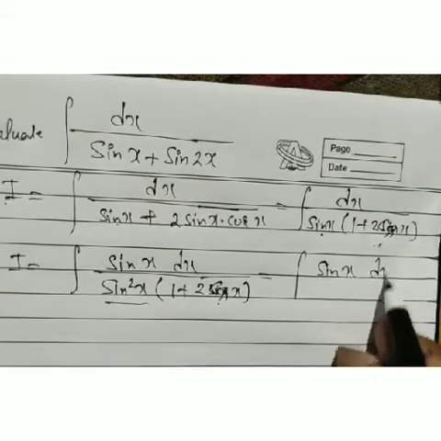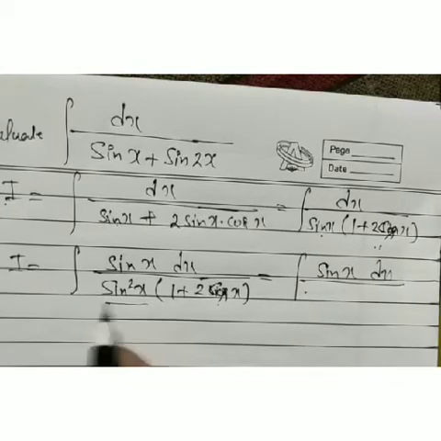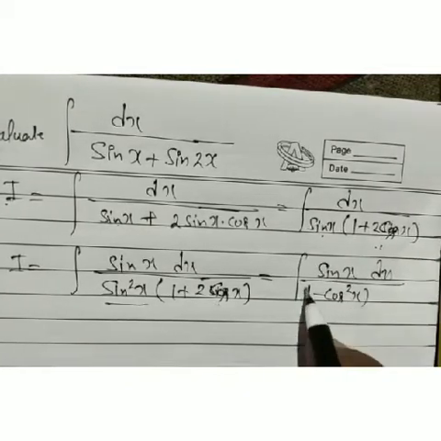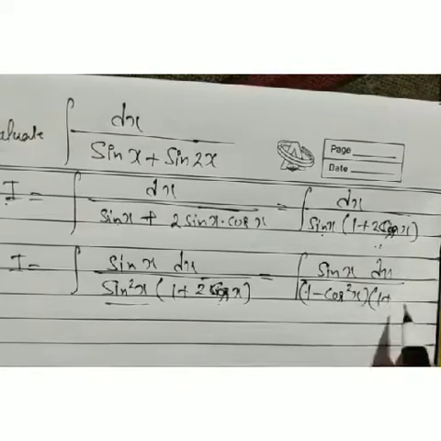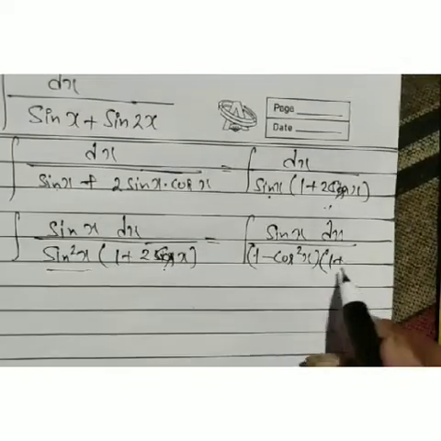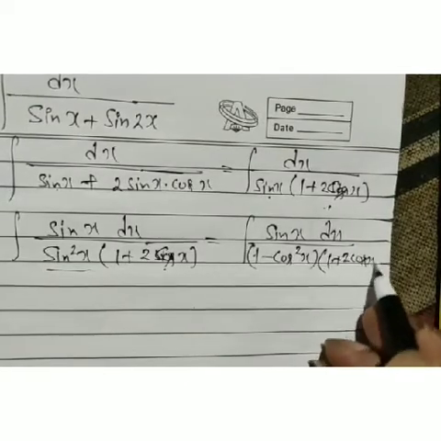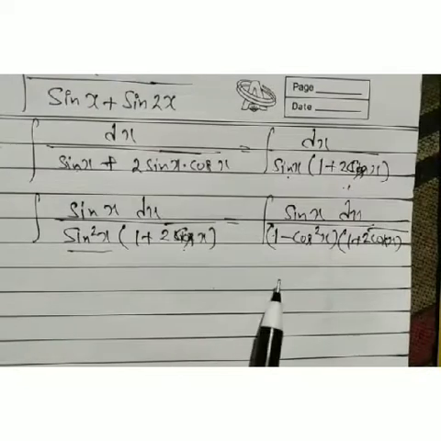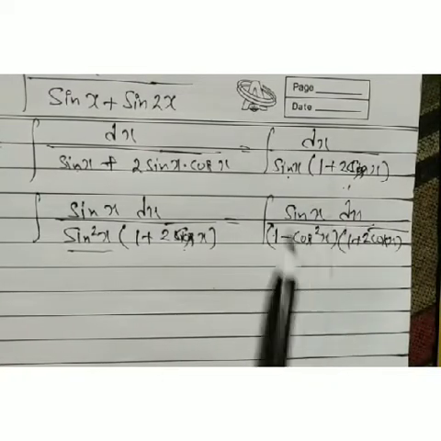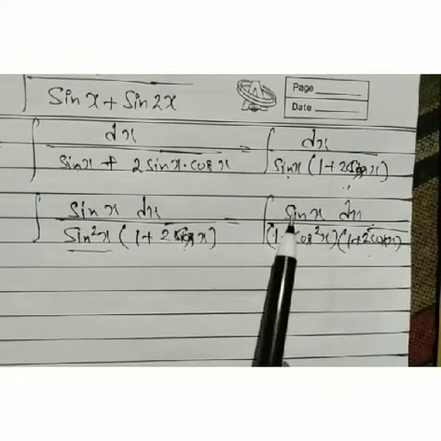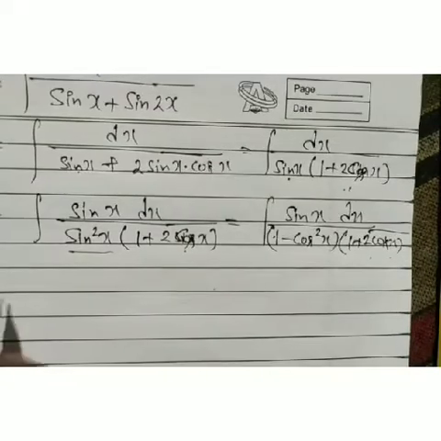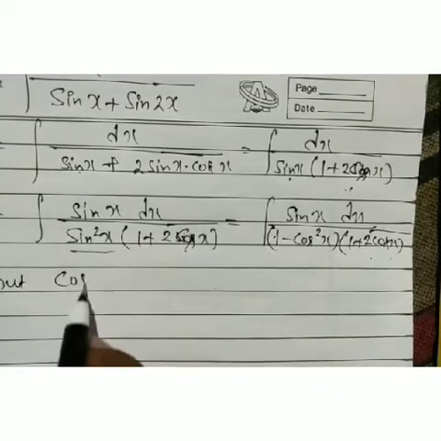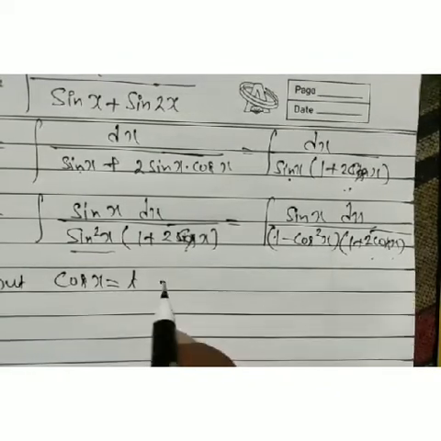Sin x dx, and we are going to write sin square x as 1 minus cos square x, and we have 1 plus 2 cos x. Now put cos x equal to t, then sin x dx is dt.